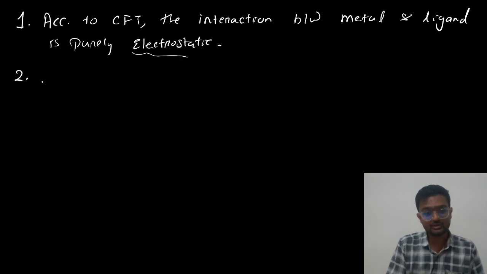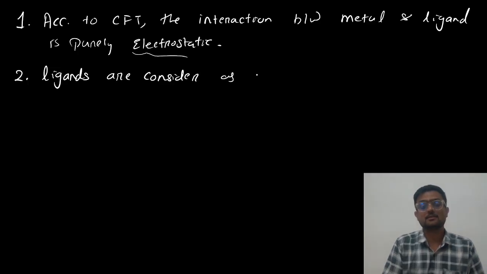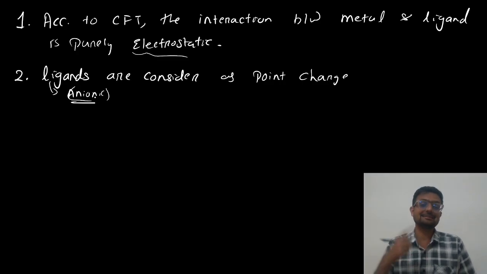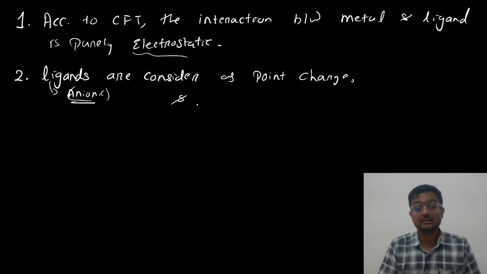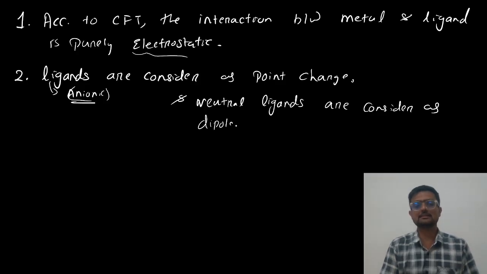Second, here the ligands are considered as point charges. What type of ligands? Anionic ligands basically, so ligands having negative charge. All the anionic ligands are considered point charges, and the ligands which are neutral, for example ammonia, for example water, are considered as dipoles.